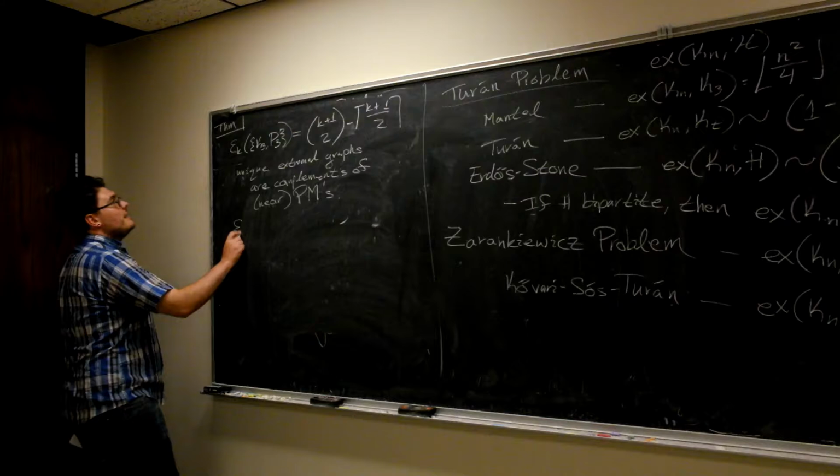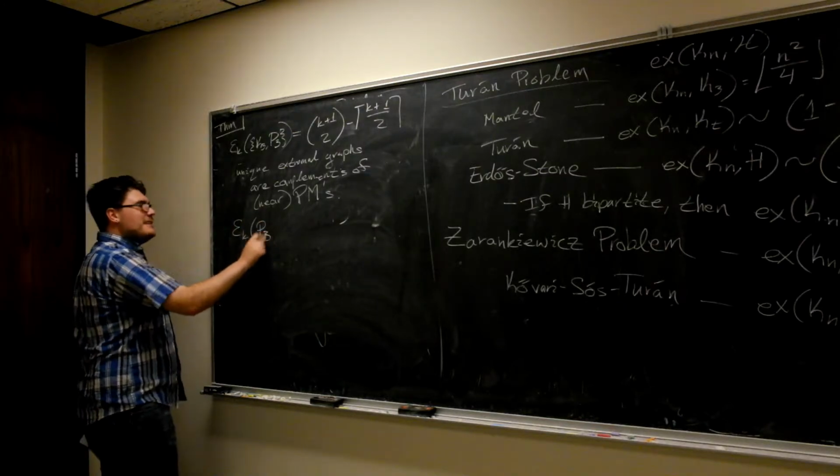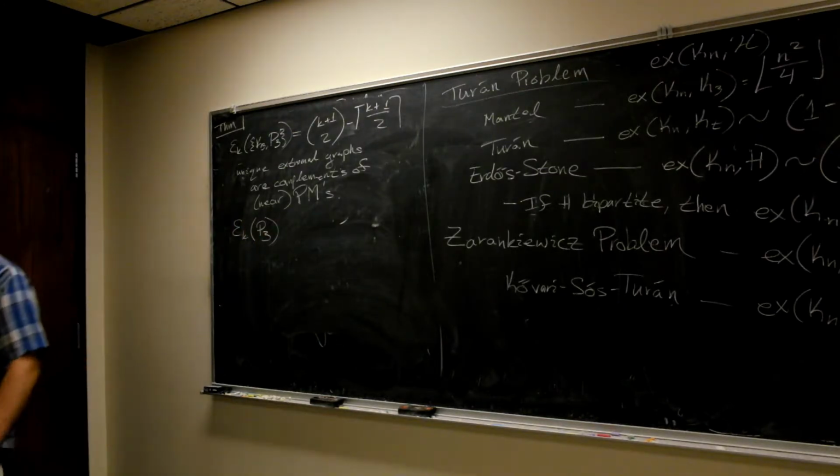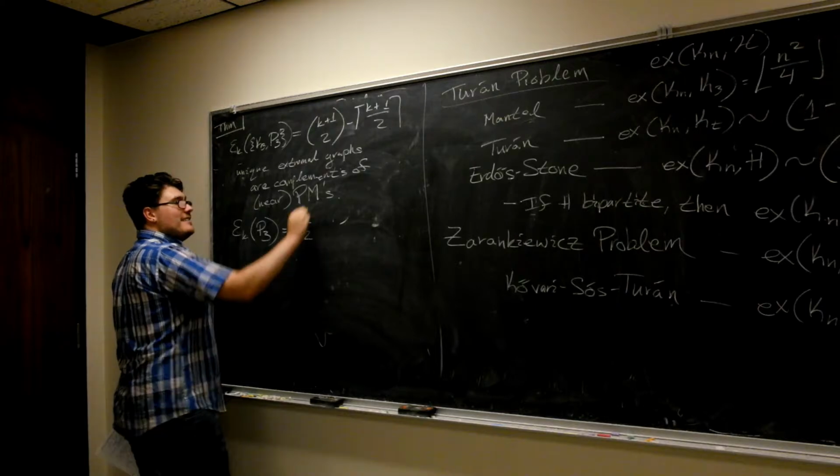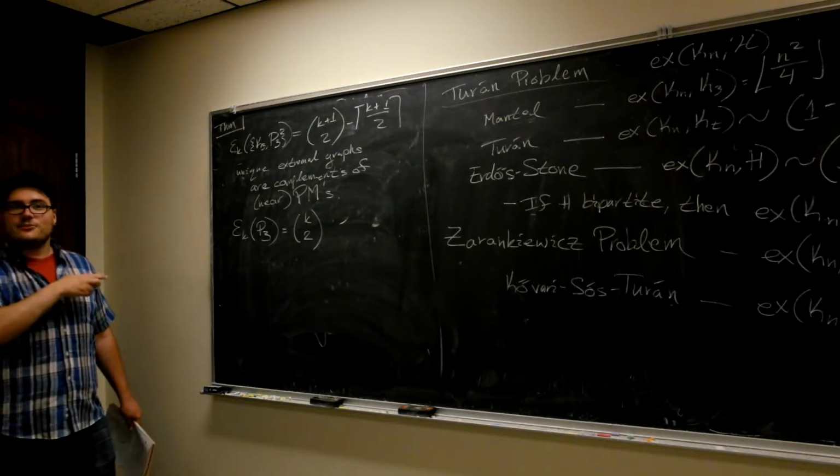Another one, ex_k of just P3. So now I'm allowing you stars and triangle packings, but you can't have more than k edges that belong to one of these. This turns out again to be exactly k choose 2, like cycles.